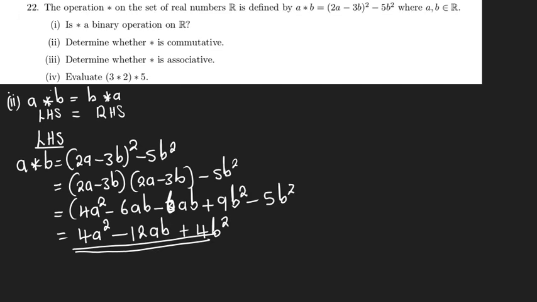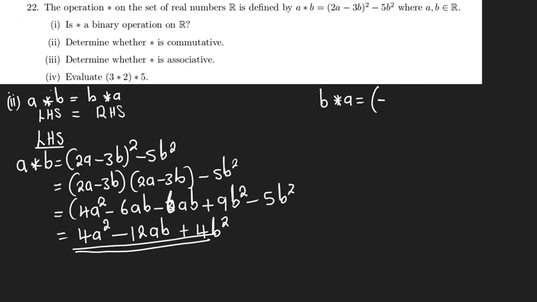So this implies that if we were to have B star A, this is going to be equal to, we can interchange everything we see.